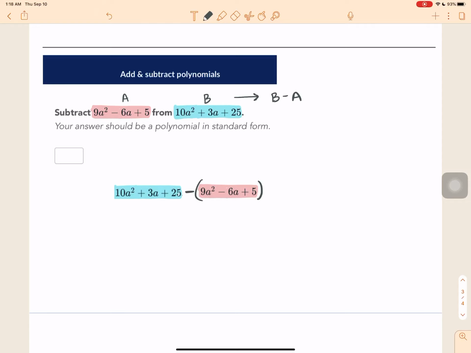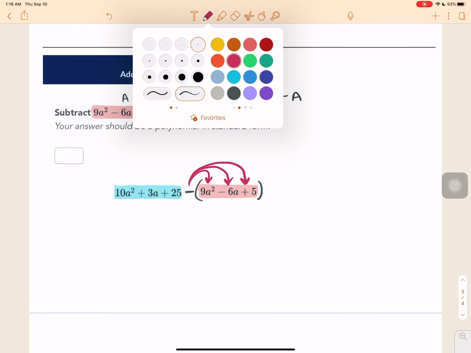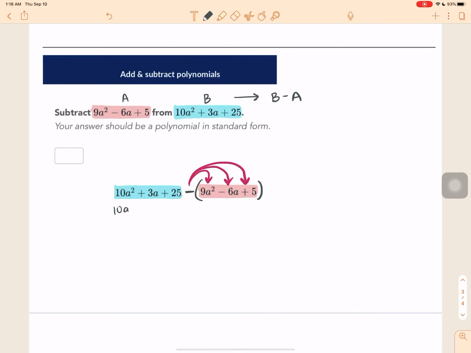Okay? So now our first step is to distribute the negative. All right. So the 10a squared stays the same, plus 3a plus 25. And then these become a negative times a positive.